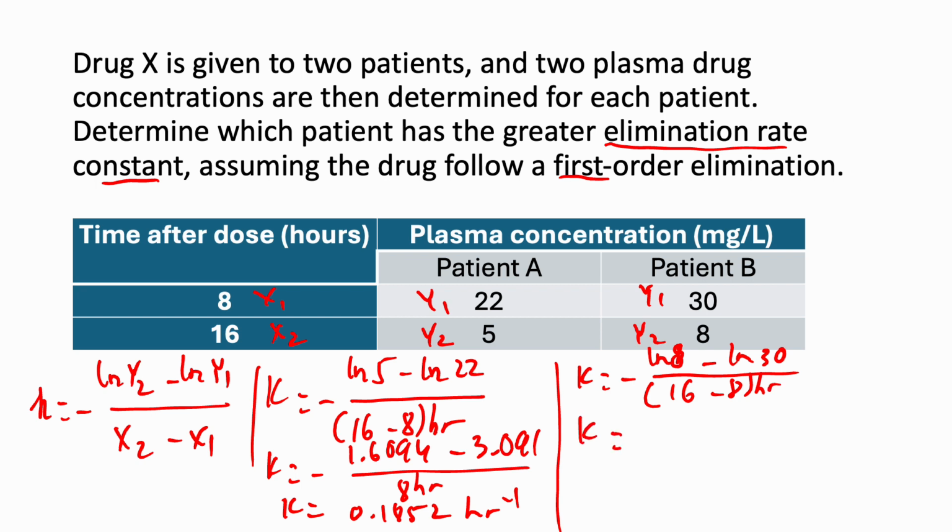So K here is equal to the negative of natural log of 8, which is 2.0794, minus natural log of 30, which is 3.4011, over 8 hours. So K is equal to 0.1652 per hour. So in this case, when you compare the values, patient A has a greater value of elimination rate constant.